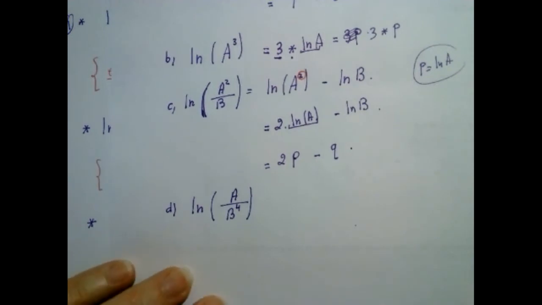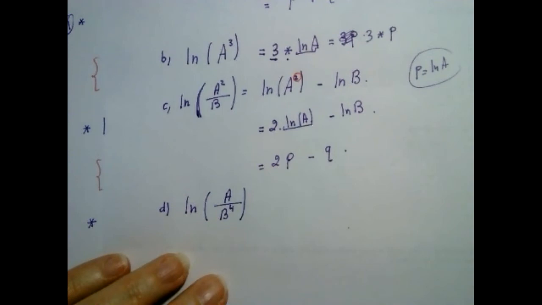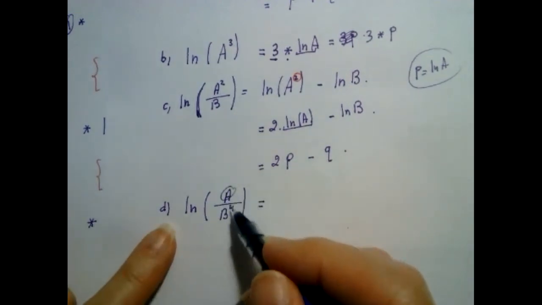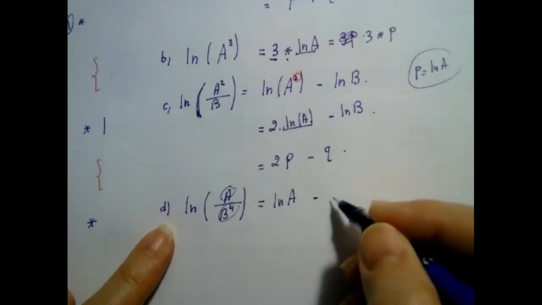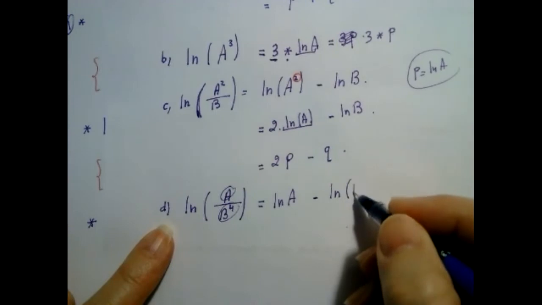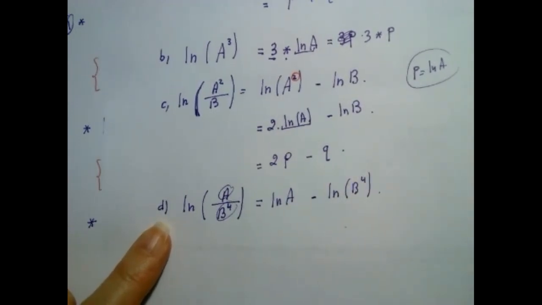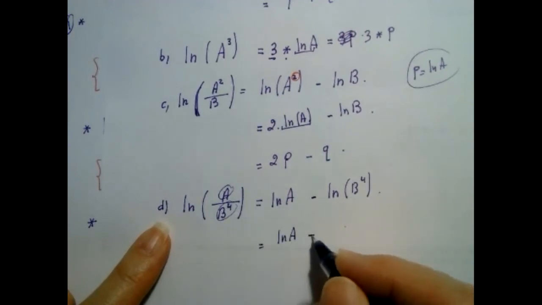Okay, anybody else? All right, again, I use the property. You have one over the other. So it's ln of A minus ln of B to the power 4. Now it is equal to what? ln of A, I keep it, minus.